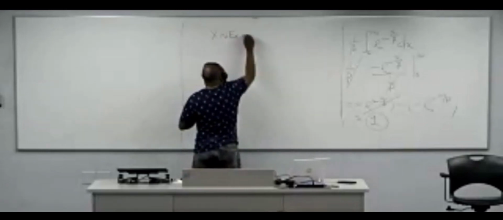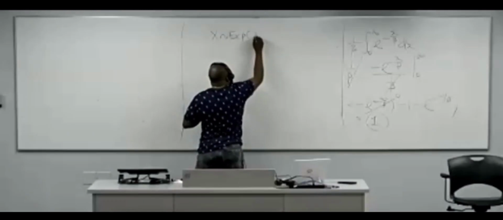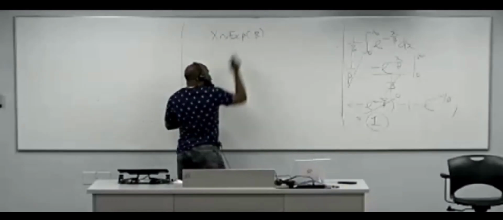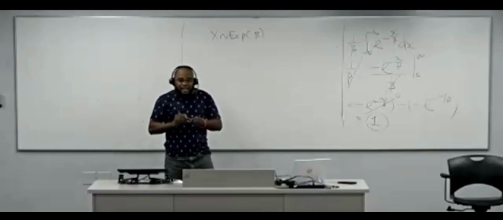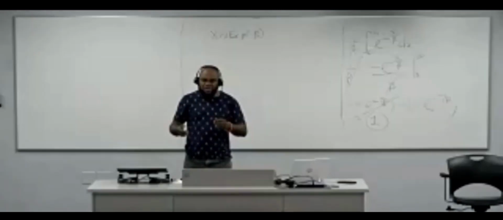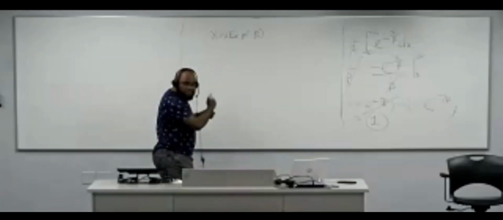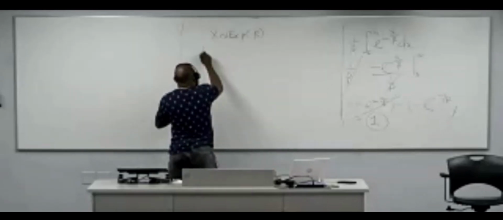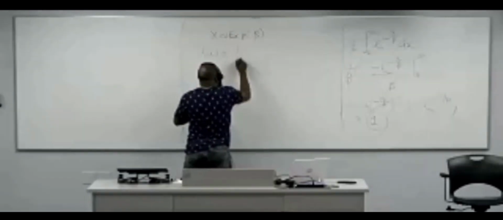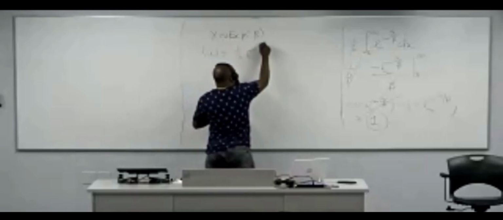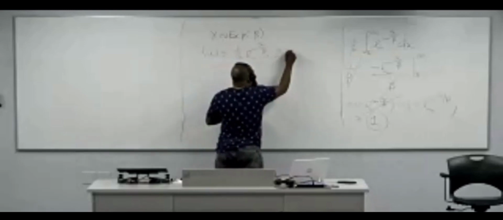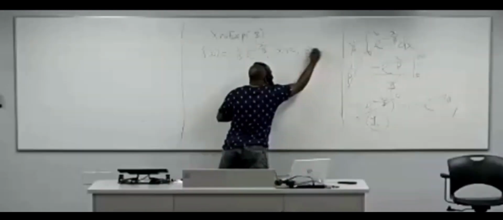I can just write this and put, you know, days. I can put whatever. It is not all the time that I'm going to put beta. It could be lambda, it could be whatever. But I'm using beta now. So the f of x is 1 over beta exponential raised to the power this guy, x greater than 0 and beta greater than 0.